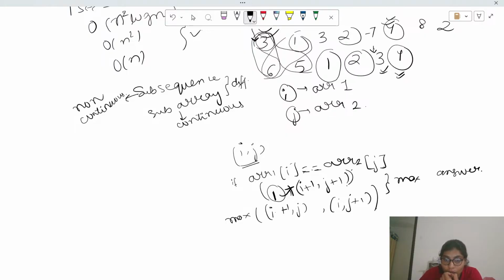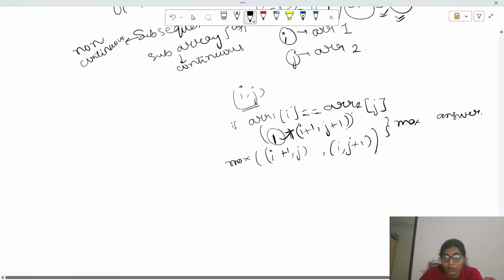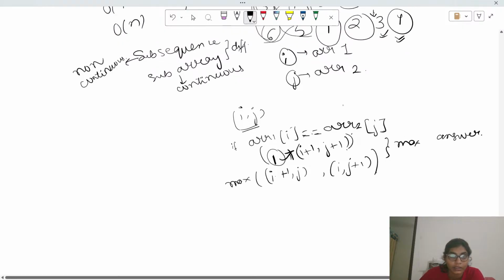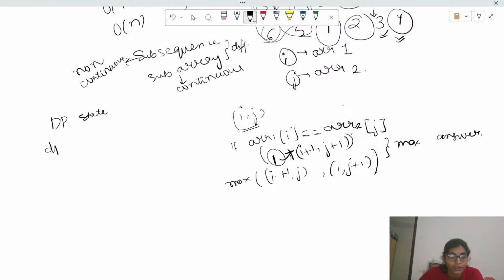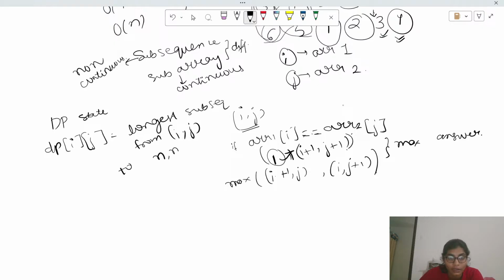So let us write the DP state. What is the DP state here? DP of i comma j equal to the longest subsequence from i comma j to n comma m.